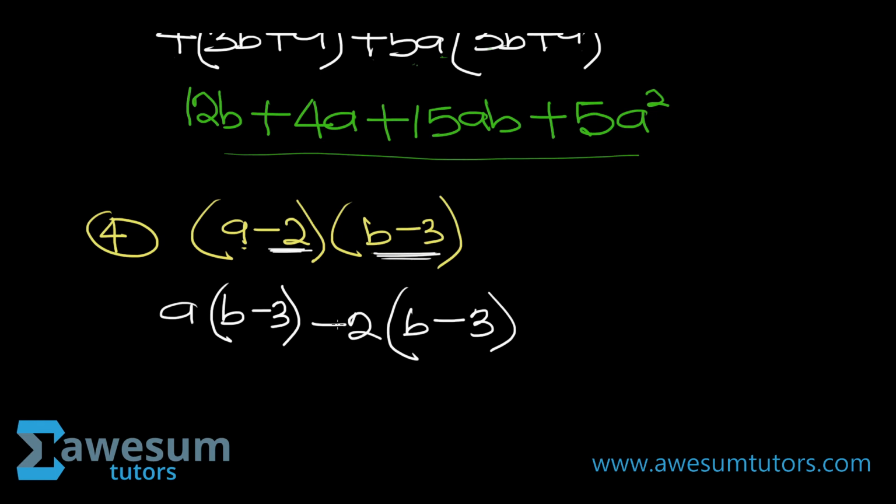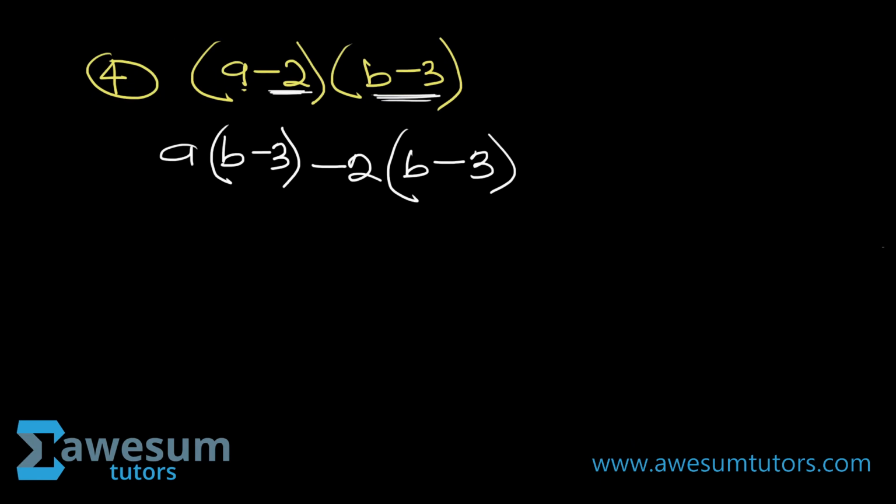Now let us open up this bracket. Very easy guys, don't be scared, it's easy. A times b is ab. A times minus 3 is going to give you minus 3a.